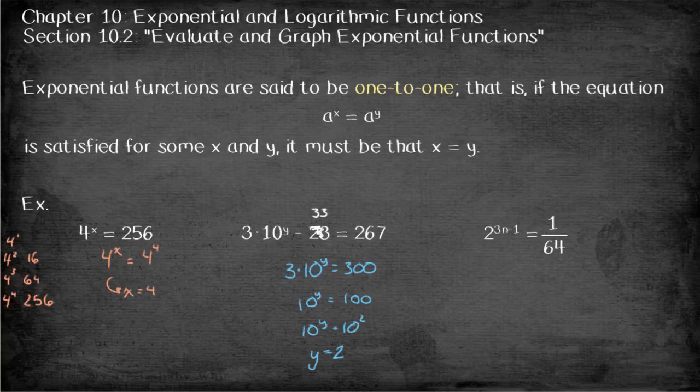All right, for this last equation, we have 2 to the 3n minus 1 equals 1 over 64. So let's think about our powers of 2. We want to write this 1 over 64 as some kind of power of 2. So we have 2 to the first power, 2 squared is 4, 2 cubed is 8, 2 to the 4th is 16, 2 to the 5th is 32, 2 to the 6th is 64.